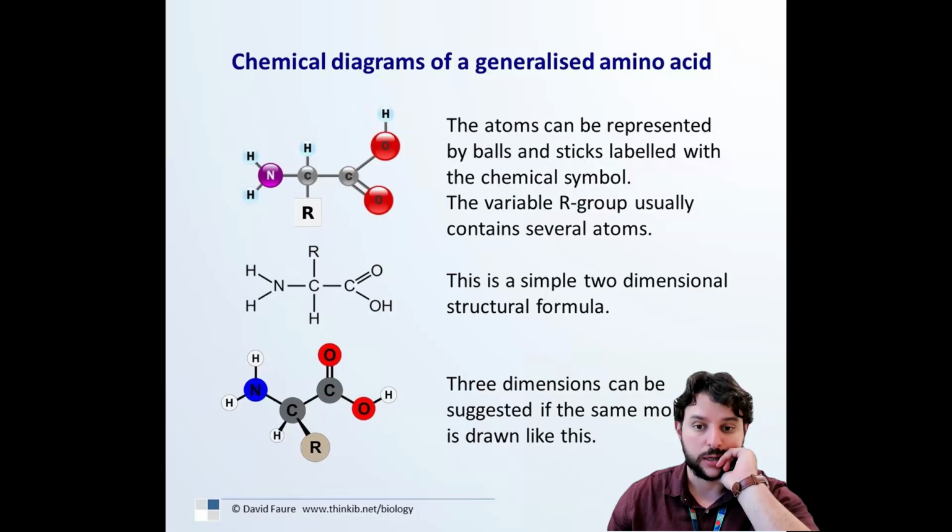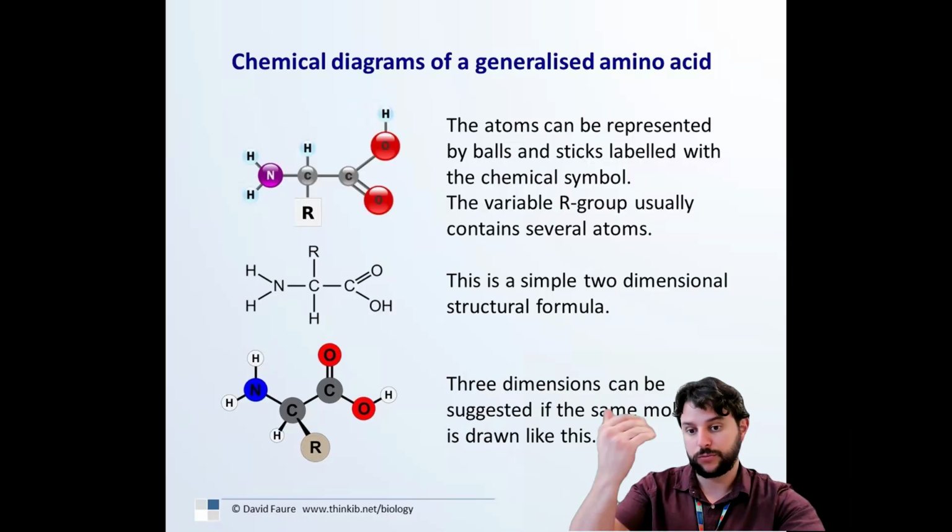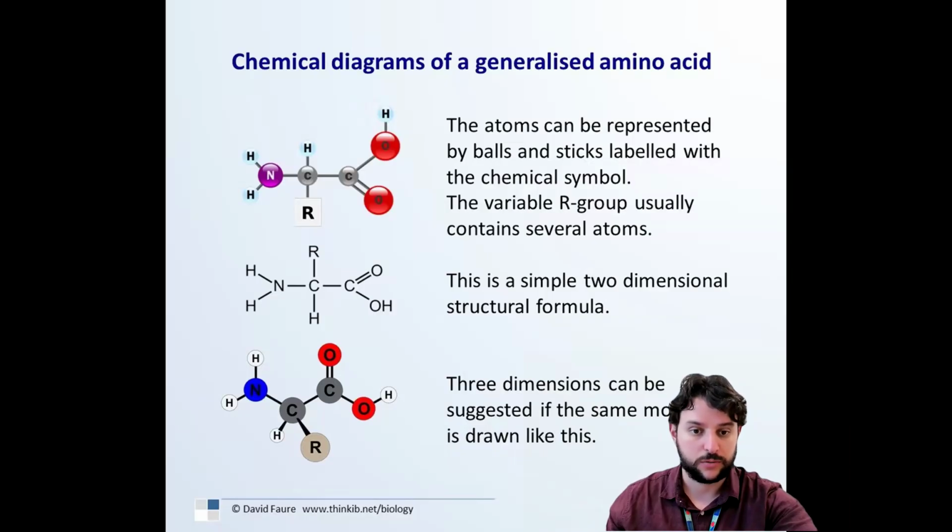You can show this two-dimensional structural formula, just showing the traces and the simple lines. You can form circles, you can differentiate by colors, or you can show it more 3D with the bonds protruding or moving backwards to the screen, but they show the same thing. They represent the same type of chemical.